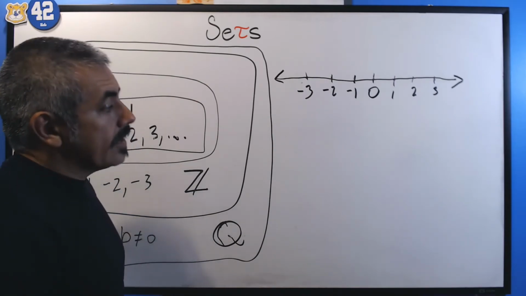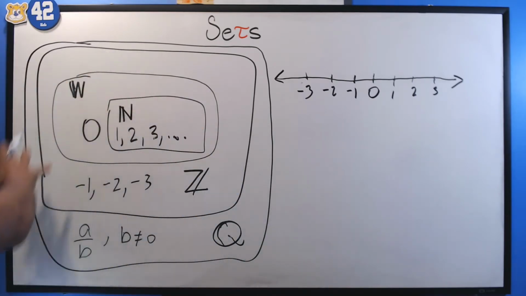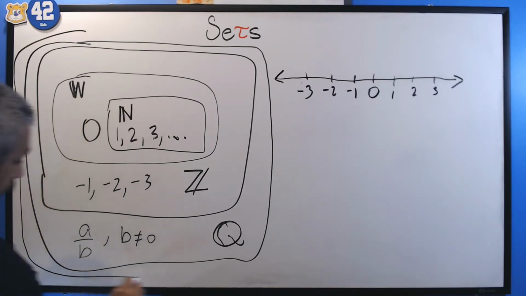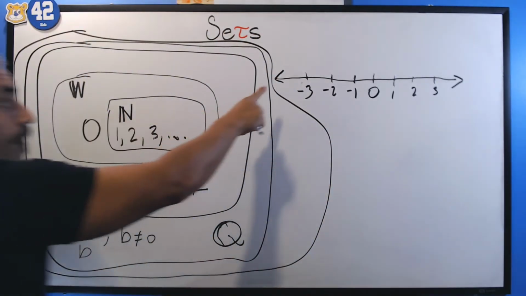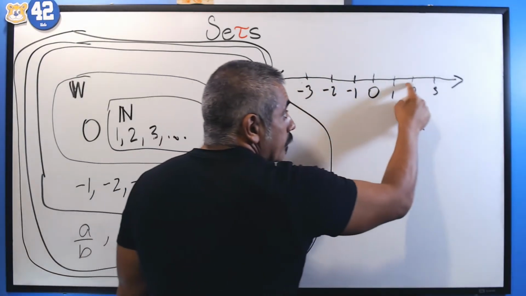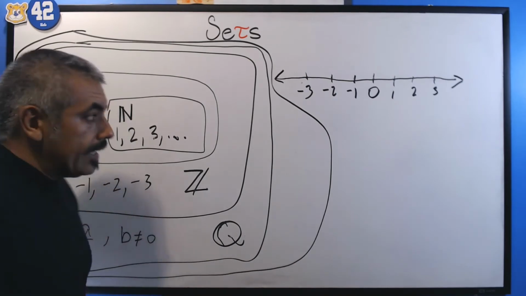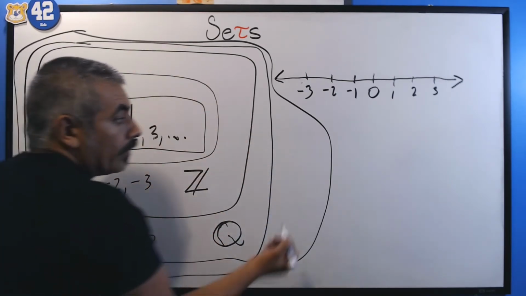There is another set that we're going to talk about, which includes all of these plus another set of numbers that fills in all the gaps. And these numbers are the irrational numbers. Now, the irrational numbers combined with all these numbers are called the real numbers.